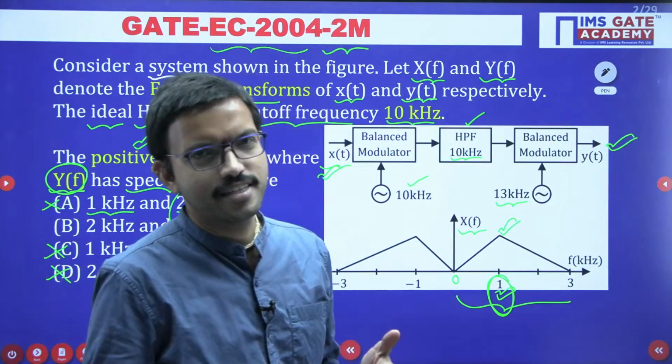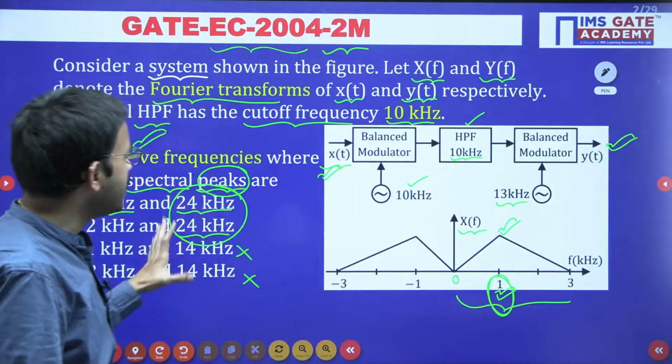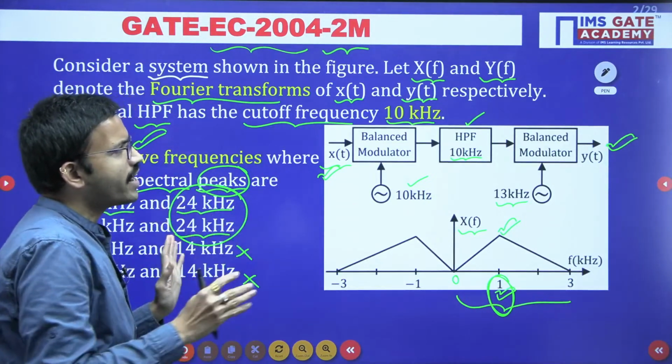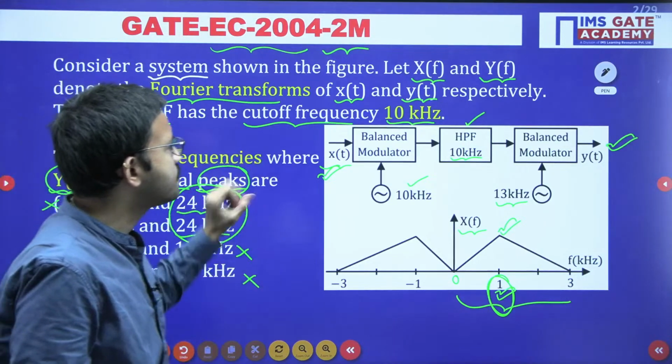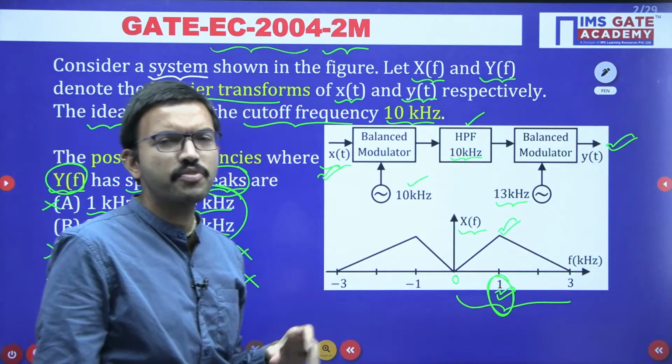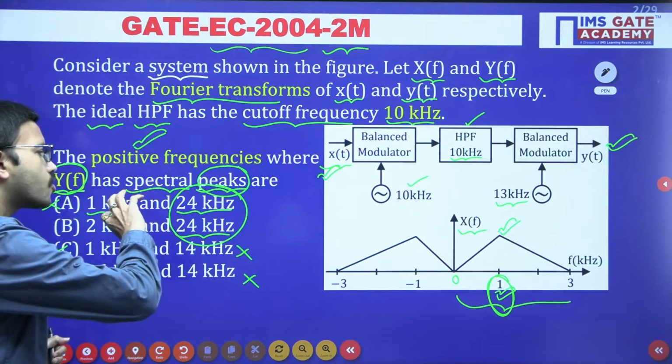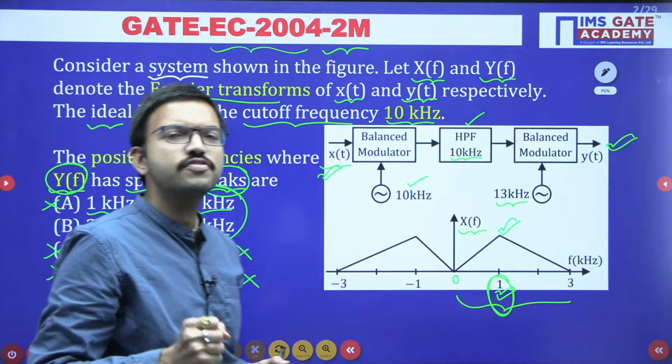So that is a trap. Similarly, in the GATE exam, whoever is preparing the questions, if they are so expert, they will keep the wrong choice because of the silly mistake.